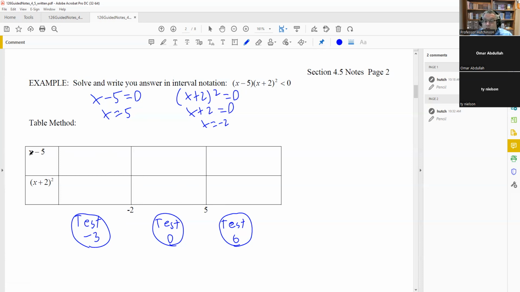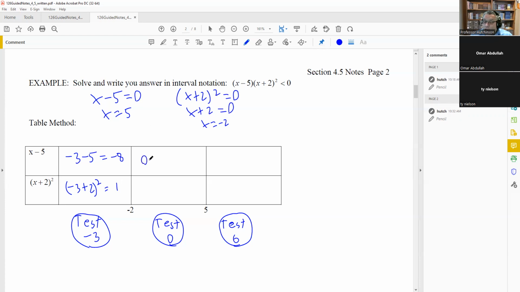What we do is you're going to test the number, and you're going to put -3 into the expression on the left-hand side. So -3 minus 5, I get -8. -3 plus 2 squared is going to give us, okay, so inside here is -1, but if you square it, that's going to give us a +1.